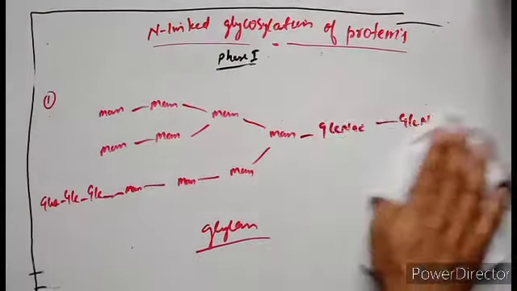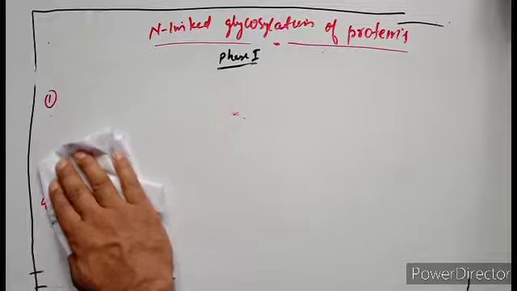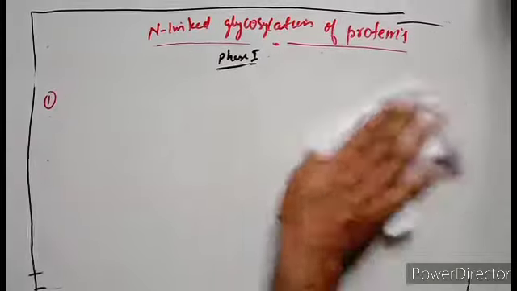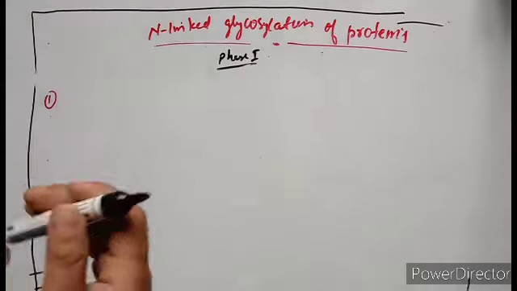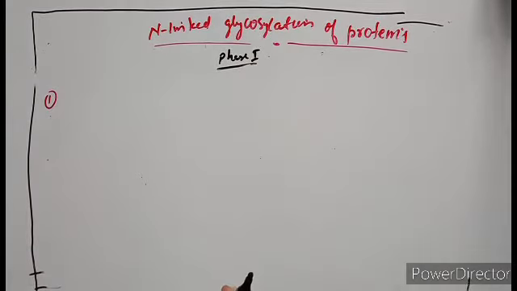So this glycan is now added on the asparagine residue of the protein. So I'm drawing the diagram. I've already told that 2 UDP glucose and acetyl glucosamine are added.